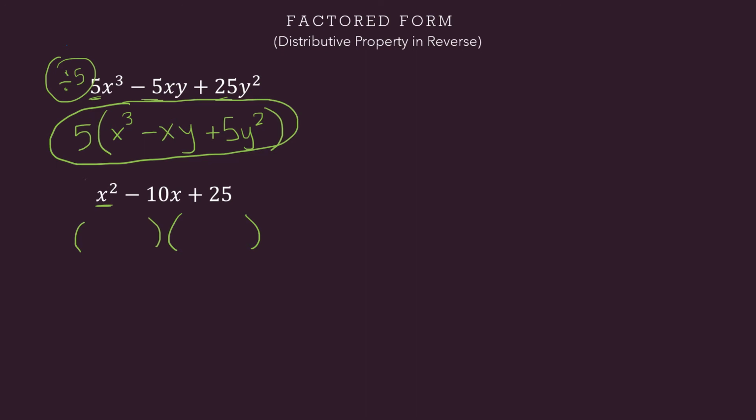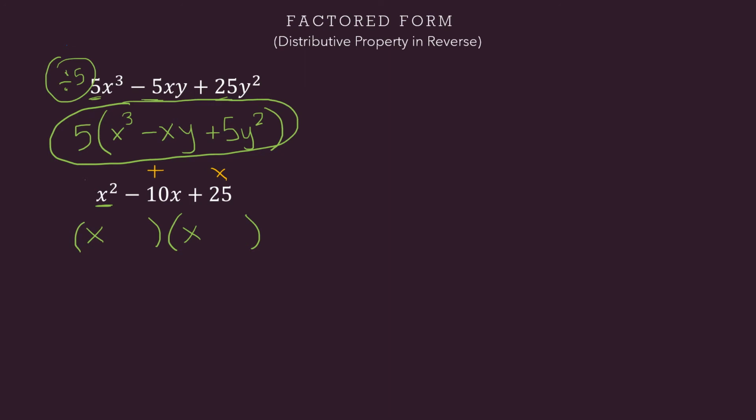So I'm going to go ahead and put an x here and an x here. And then I'm going to ask myself, what adds to -10? And then what multiplies to +25? And this does take a little thought. You just have to go through some possible solutions.